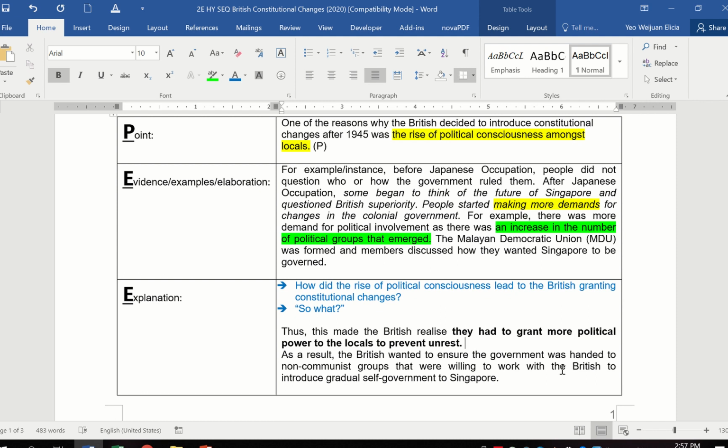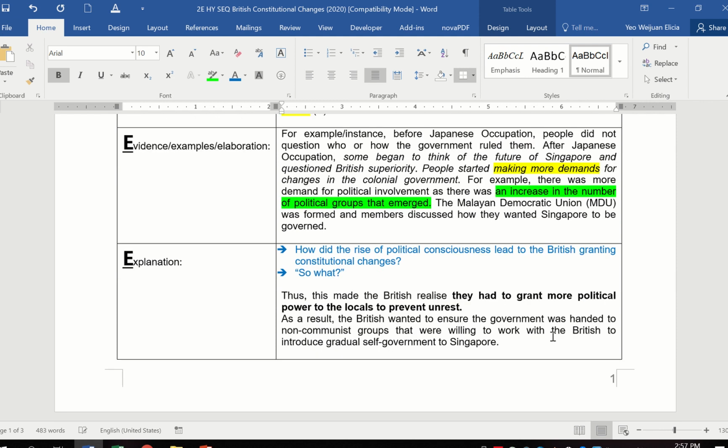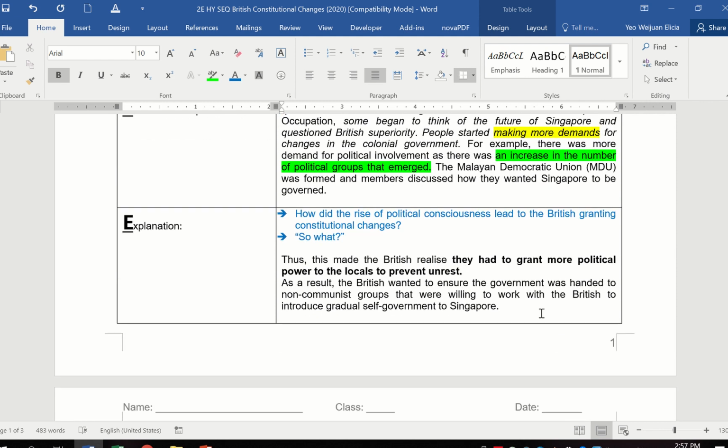So on one hand, the British realized that they had to grant more political power to the locals, but at the same time, they wanted to ensure that the political power that was given would be to groups that were willing to work with the British. So this is your key explanation point, right?